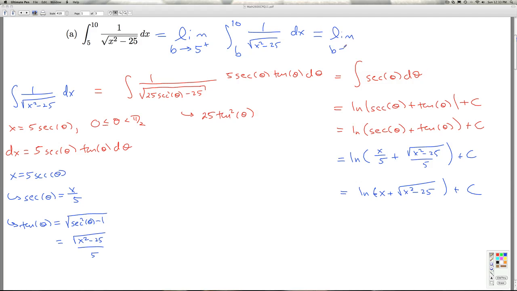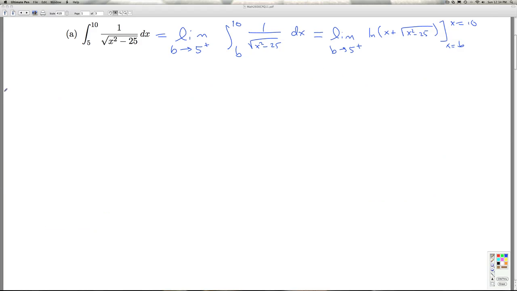This is the limit as b goes to 5 from the right of this thing, evaluated from x equals b to x equals 10. So let's go ahead.